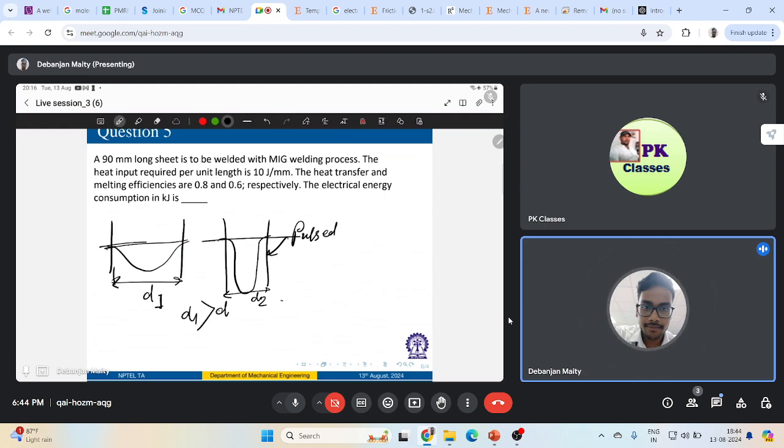D1 will be much greater than D2 and H1 will be less than H2. So the penetration will be higher over here. You will have less spatter also. The controlled arc will reduce your spatter and improve the overall appearance of the weld.